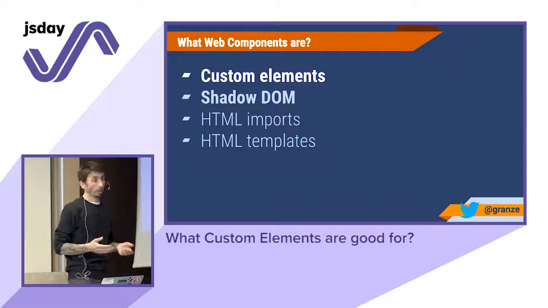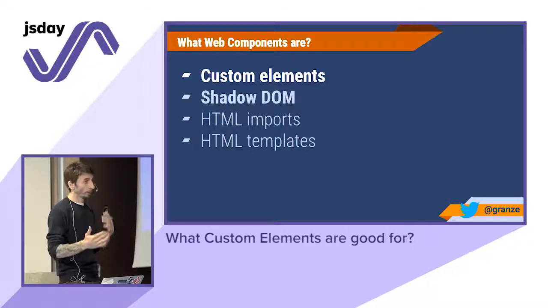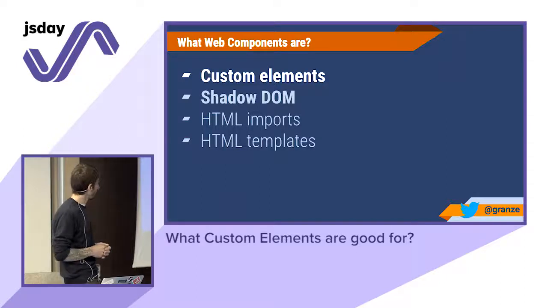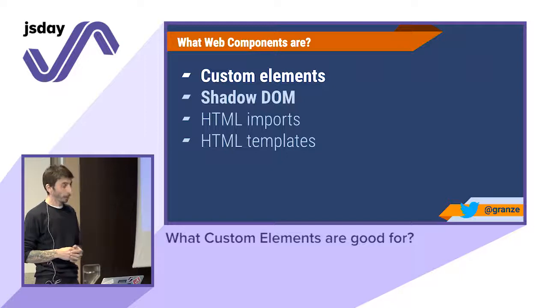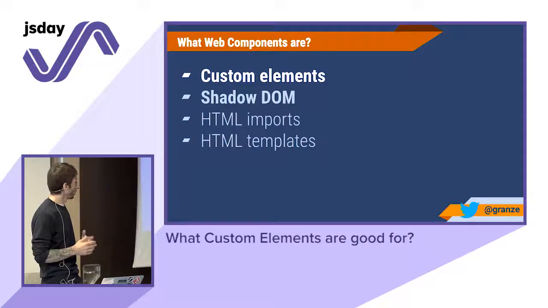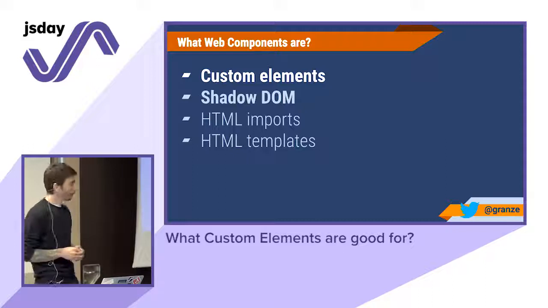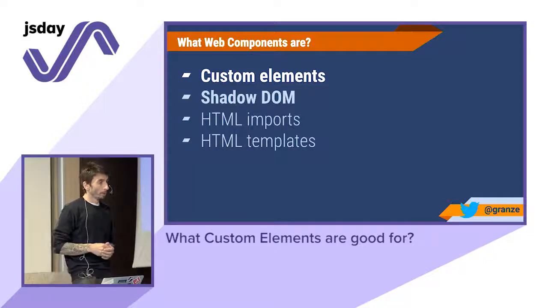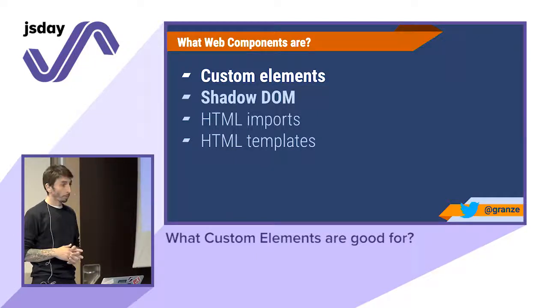So if you are a React developer, you are familiar with CSS in JS and styled components, all this stuff that is cool, but the fact is they're trying to solve a problem, and they solve this problem in a, let's say, hacky way. And with Shadow DOM, we will not have this problem anymore because of the encapsulation.